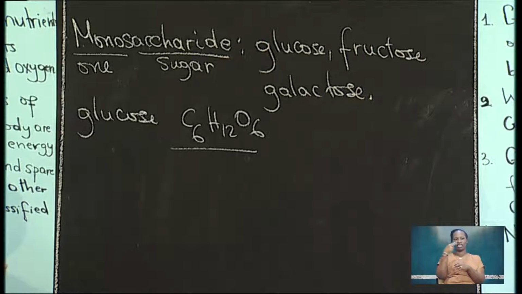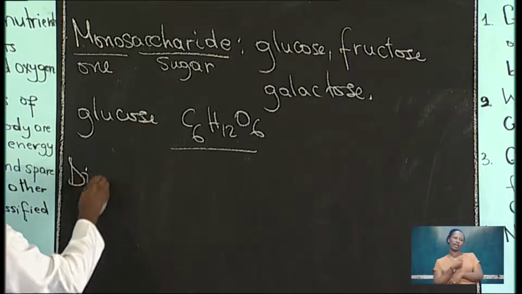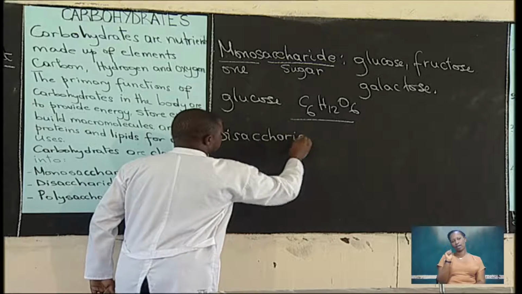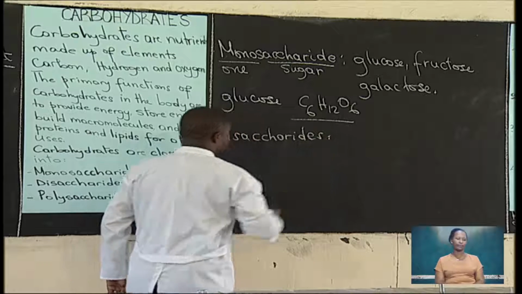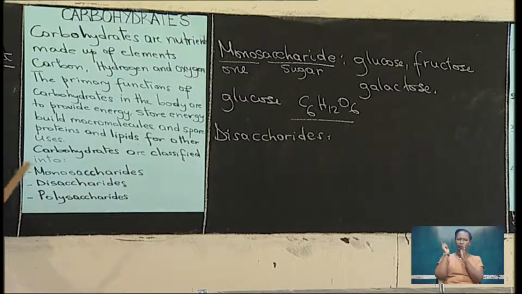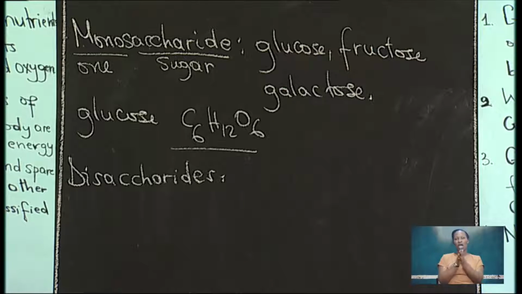Then we also have what we call disaccharides. Students, what does the word di mean? Di means two. And as we have seen, saccharide means sugars.